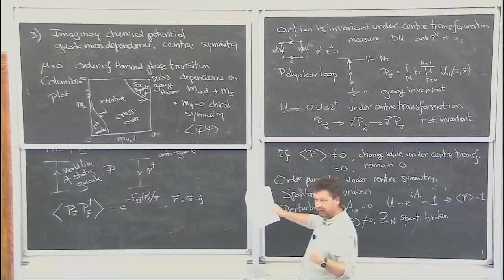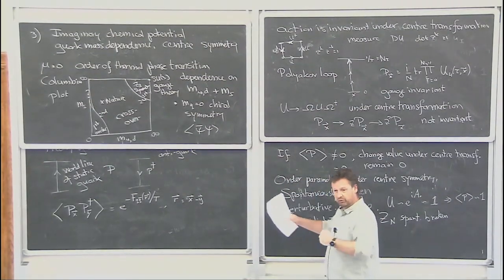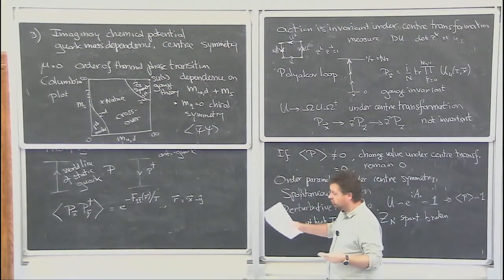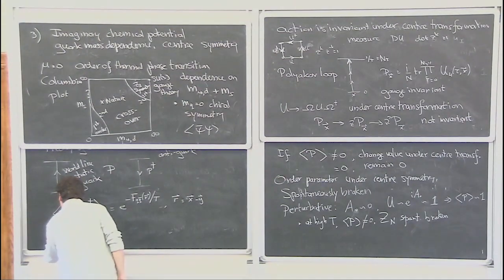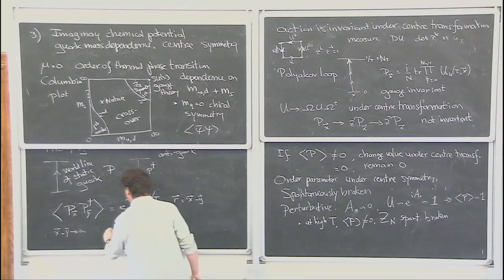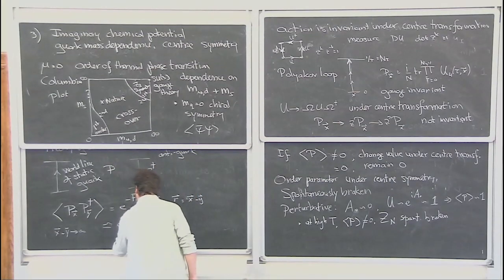Now if I take X and Y far apart, then these quarks will no longer feel each other because they're screened by glue, say. So in the limit where the distance X minus Y grows very large, this correlator will just become equal to the product of the expectation values.